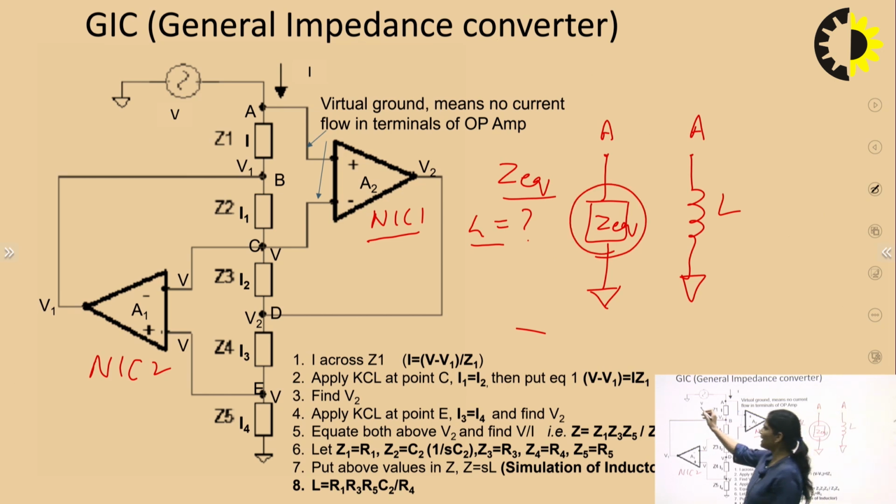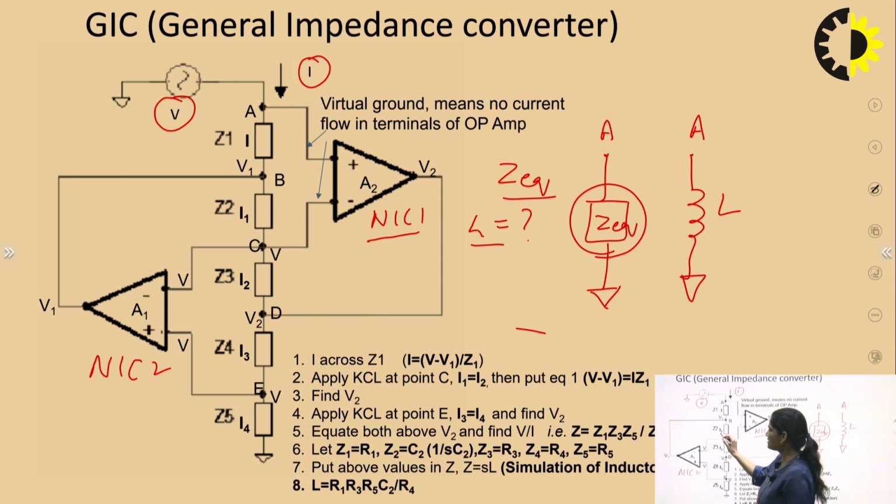Now, we are applying the input voltage at the terminal of this NIC1. The input voltage is represented by V, and we are considering the points A, B, C, D, E, and this one is ground. When the input voltage V is applied, the current flowing in is denoted by I, which is the current across the Z1 impedance.